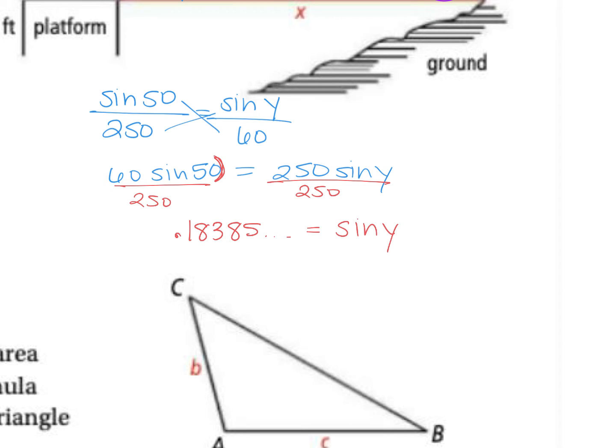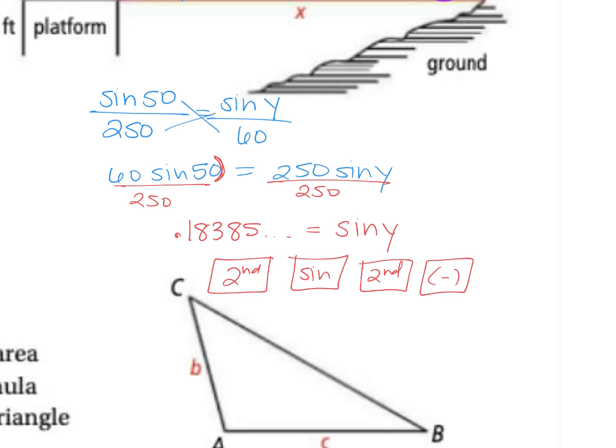So how do you find y? The inverse. Here's what I would do. Plug this into your calculator. Second, sine, second, answer. It's the negative symbol; it says ANS right above it, right? Second sine, second answer gives you this number, 10.5941.